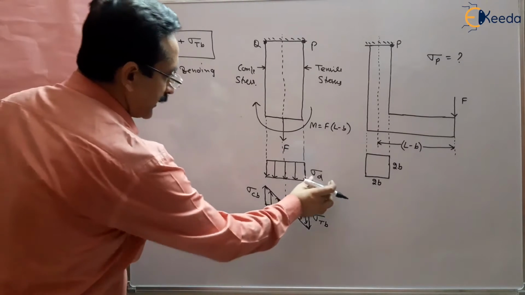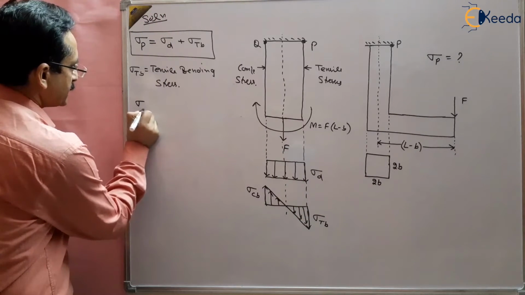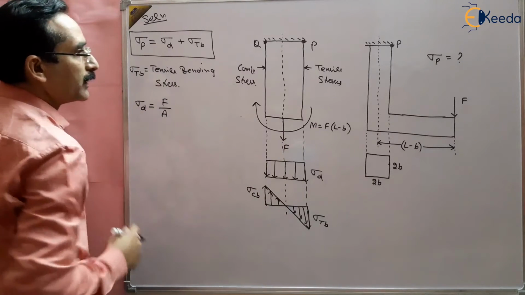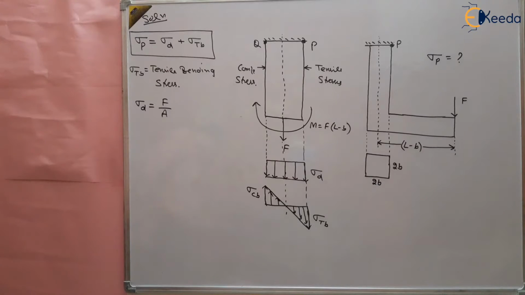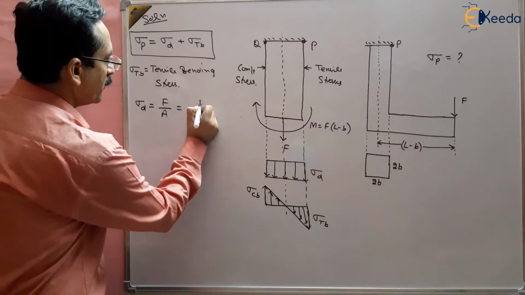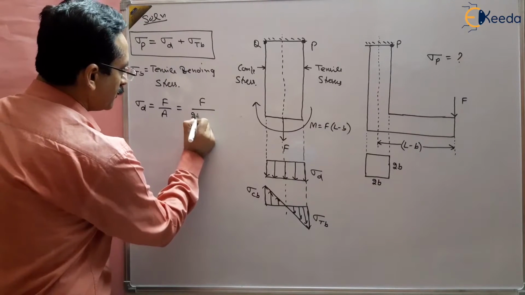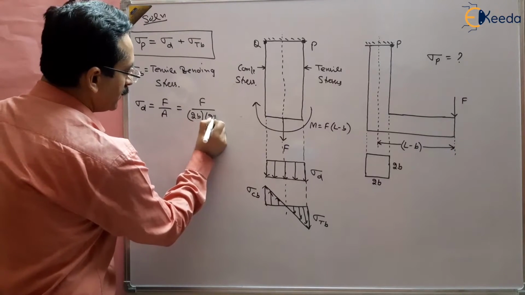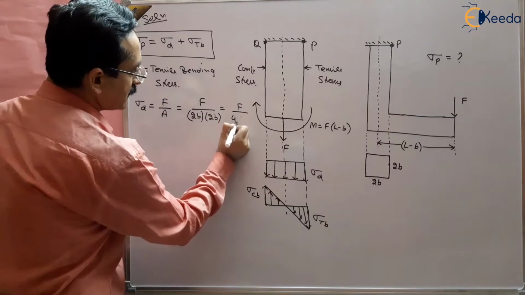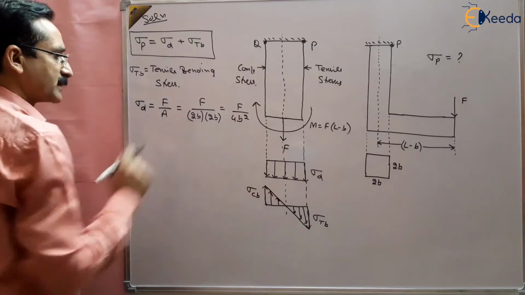Direct stress is the force upon area, and force upon area is given. Area is 2b by 2b, so this is F upon 2b multiplied by 2b, which equals F by 4b square. So this is the direct stress, right?